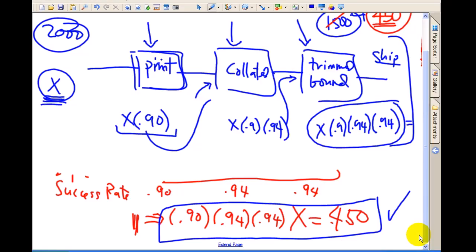So how do you address reduction in costs? By improving the process, making the success rate higher. You can do that through buying new machines, maintaining the machines more often. Okay?